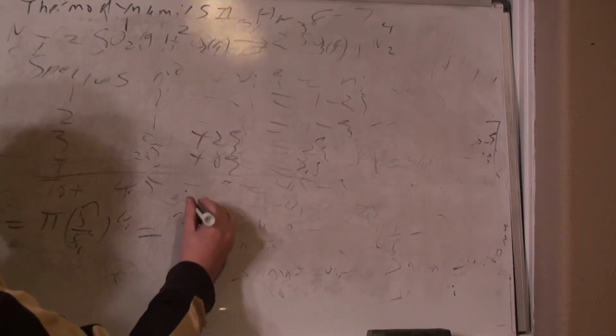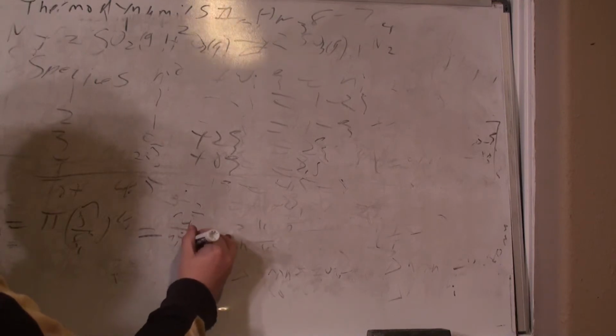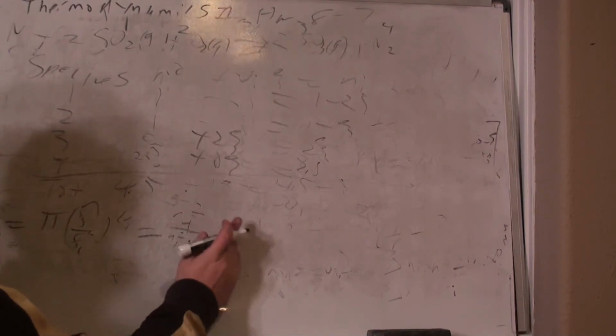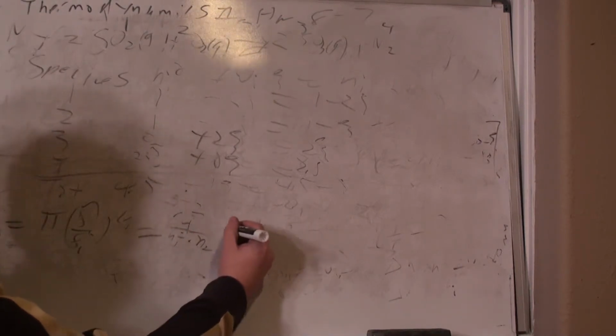So when I'm all said and done, because everything's a gas, I should have n4 squared over n1 squared times n2, times, since my nu in this case is minus 1, n total over pressure.